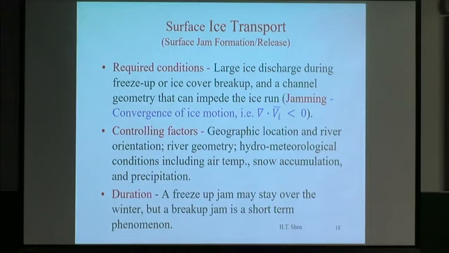When you have slope change, you are going to get jam, and all these things. But all these phenomena can be expressed by the convergence of the ice motion. When it converges, then you are going to get jamming quickly. And of course, this related to all these hydrodynamics and channel geometry and so on and so forth.